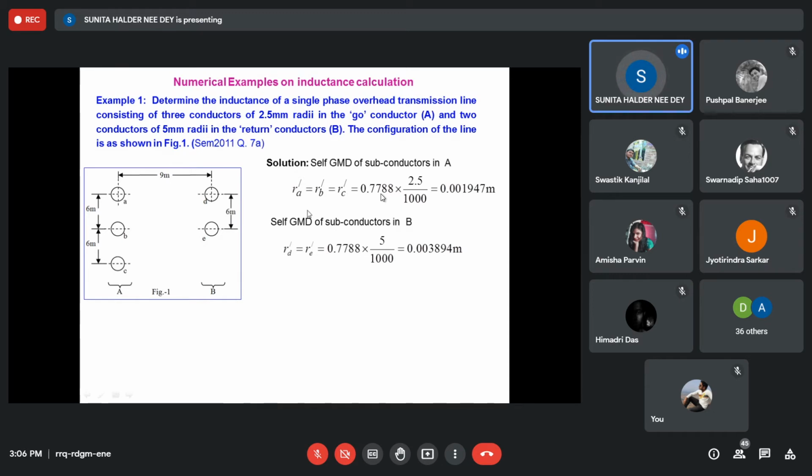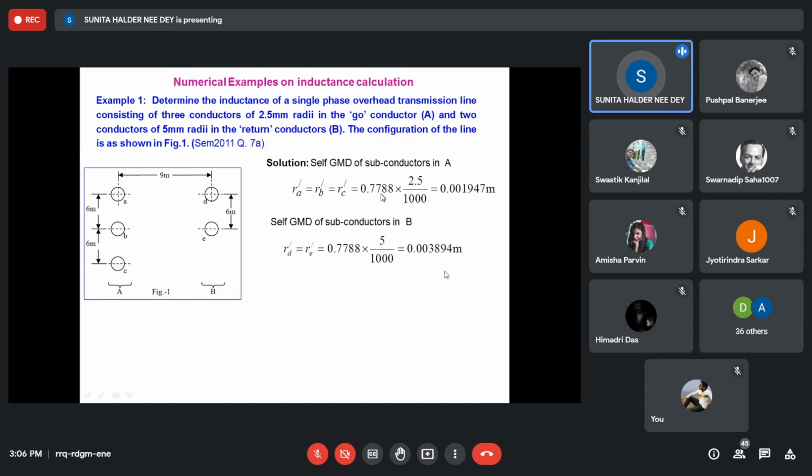At first we can find R dash for the conductors in the go path or forward path. RA dash, RB dash, RC dash will all be the same because these are similar conductors of 2.5 millimeter radius, and the self GMD of subconductors in B are also the same, 5 millimeter radius.